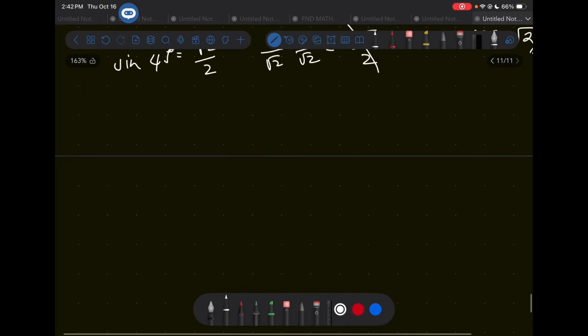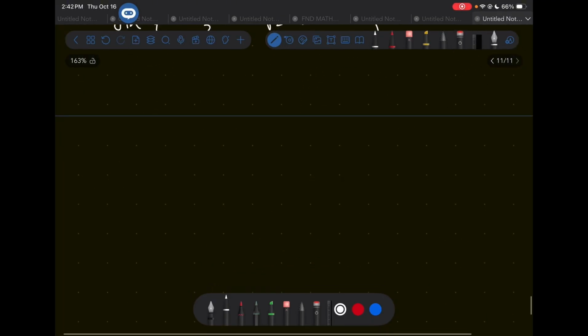What if you have this one? You're tasked to find tangent of a negative angle. So how are we going to do that? But first, let's take an example. So let's say, what if negative 45?